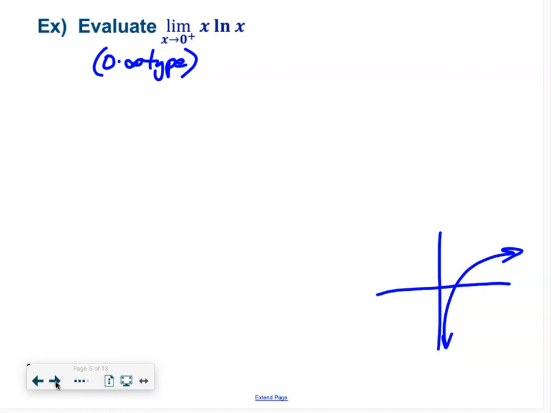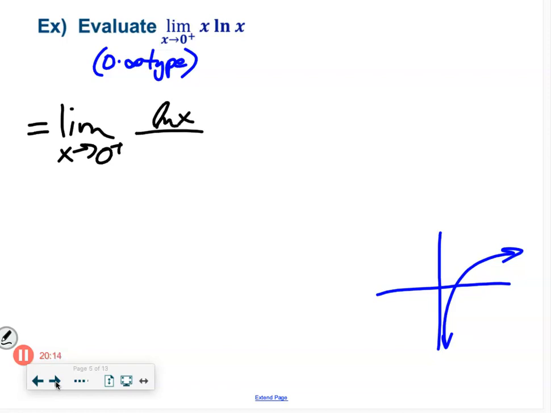But you can't just put something on the bottom because we'd be changing the question. So I can't just move the x to the bottom, but I can move the reciprocal of x to the bottom.